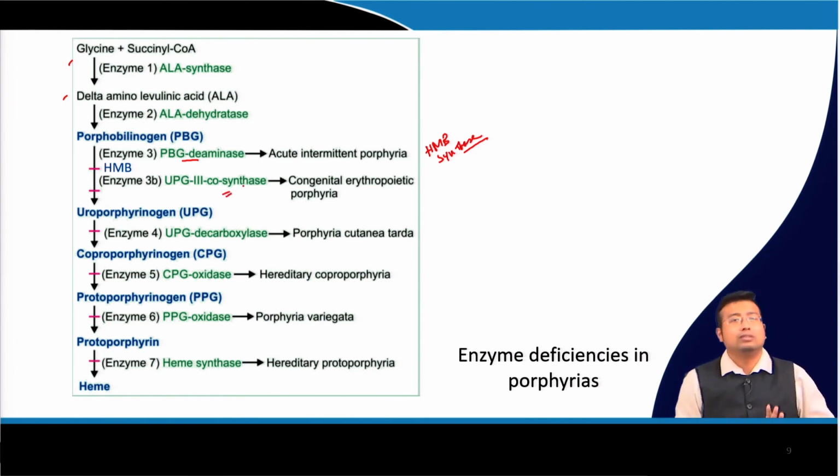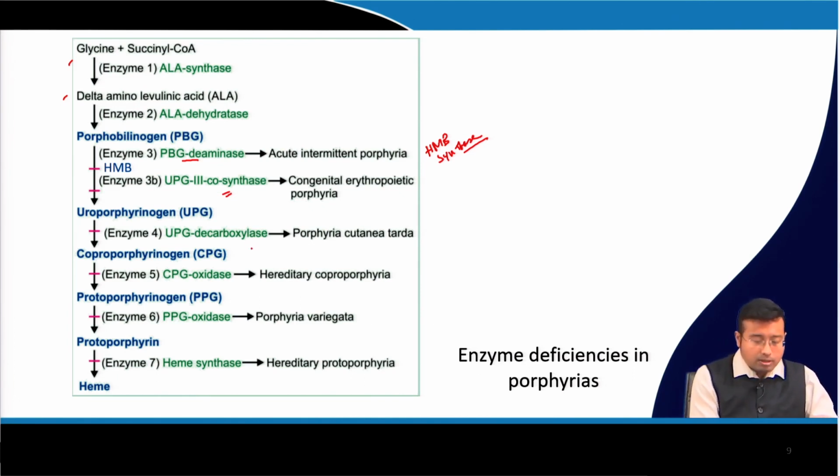followed by congenital erythropoietic porphyria due to the deficiency of uroporphyrinogen III cosynthase. The next name that we need to remember, due to the deficiency of uroporphyrinogen decarboxylase, is porphyria cutanea tarda, abbreviated as PCT. All of these have got abbreviations. This is AIP, this is CEP, okay.